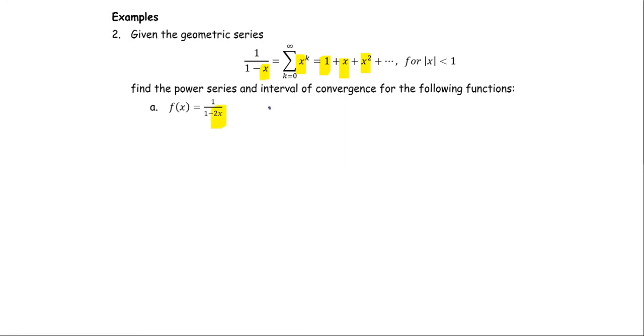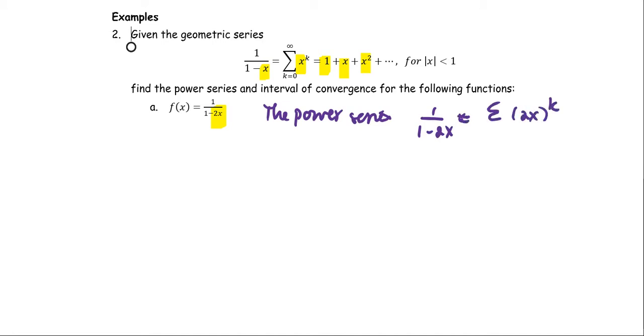So the power series will become 1 over 1 minus 2x as the summation of the quantity 2x to the power k from 0 to infinity.